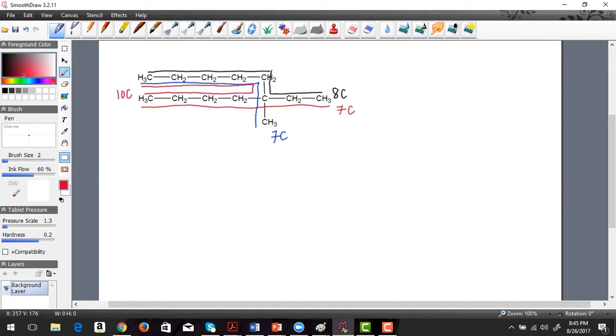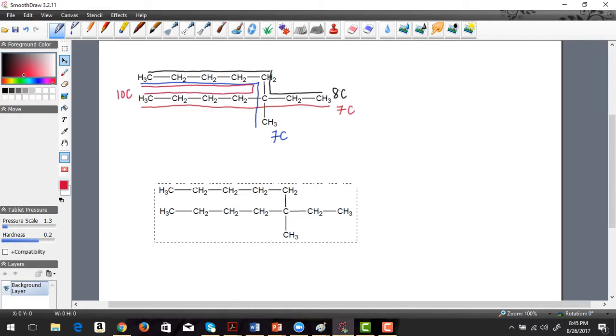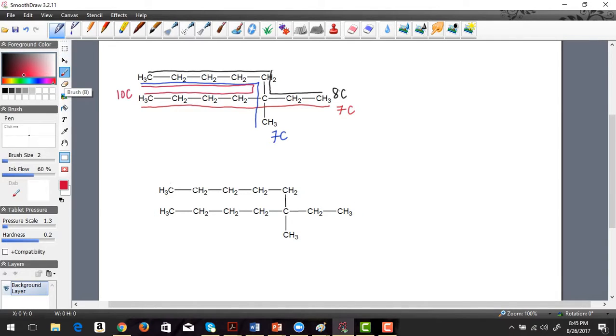So let's bring back the compound one more time, just like we did earlier. Now all this is just playing around with the molecule, right? So now we figured out what our longest chain is. The next thing is we have to figure out where to start numbering, right?